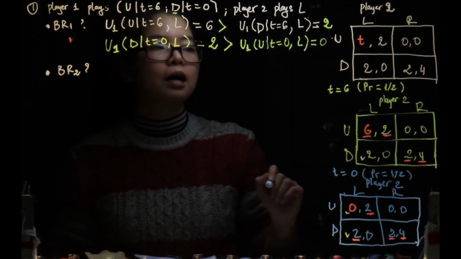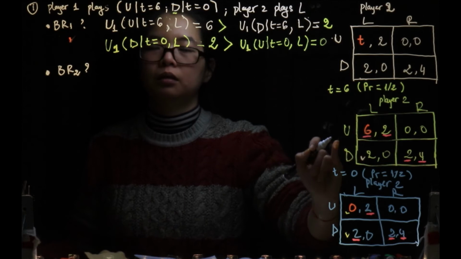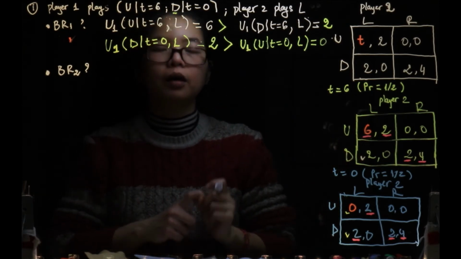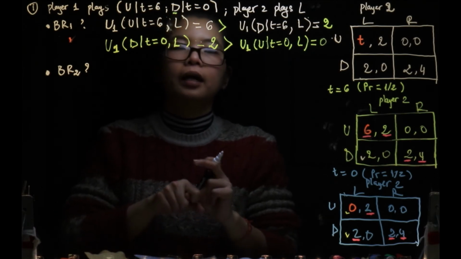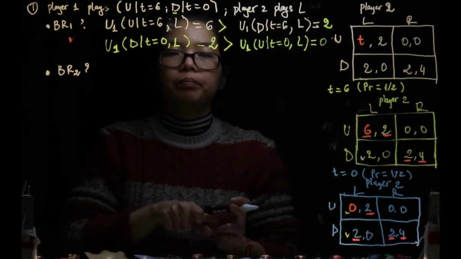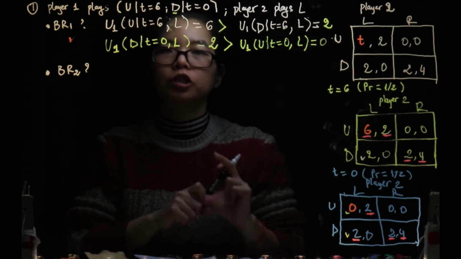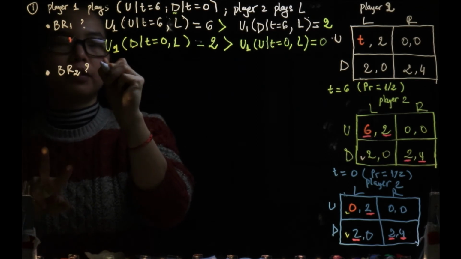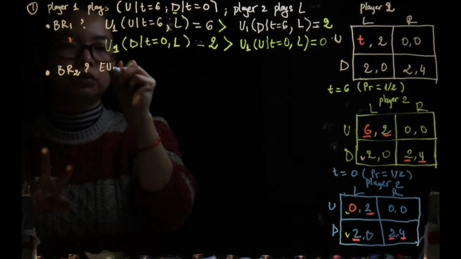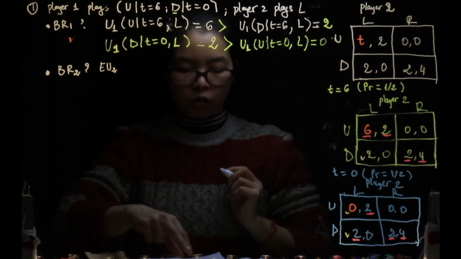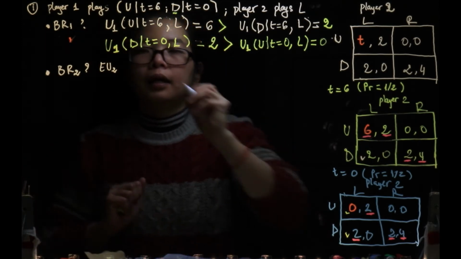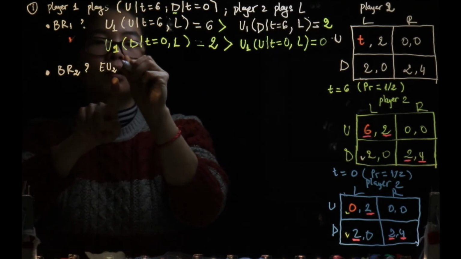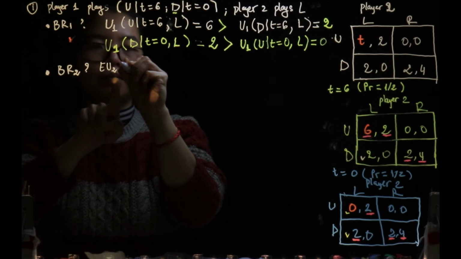He's uncertain about the type of the first player. Because of the uncertainty, we must calculate the expected payoff for him, not just the payoff anymore. So let's denote the expected payoff EU2.